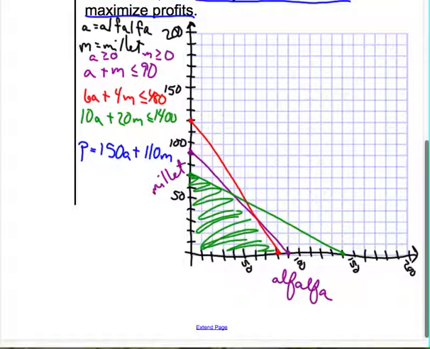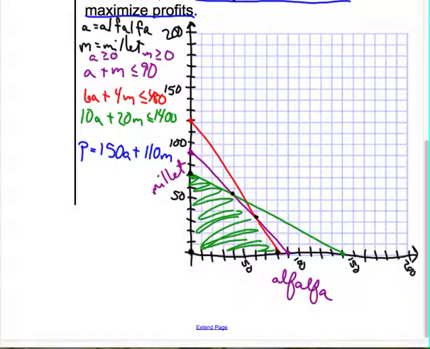And again, in order to maximize the profit, I need to know where those vertices occur. So right here, of course 0, 0, but that's not going to maximize profit. Here, here, or here. Now, more than likely, it's going to be a combination of alfalfa and millet that will maximize profit.